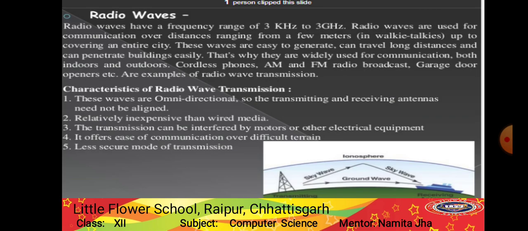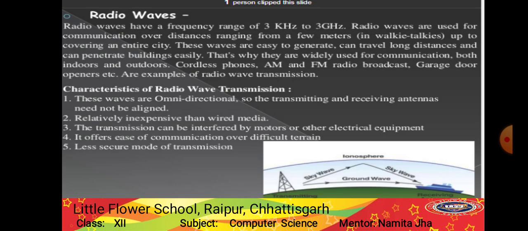So, what are radio waves? Radio waves have a frequency range of 3 kHz to 3 GHz. Radio waves are used for communication over distances ranging from a few meters in walkie-talkies up to covering an entire city.